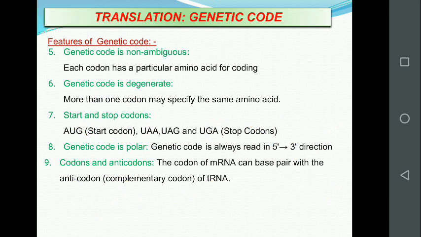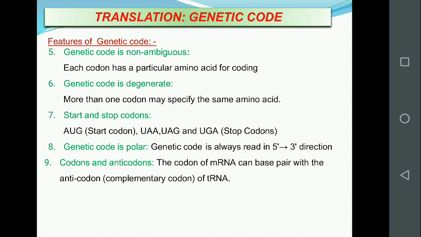Okay, and the last feature is codon and anticodon. The codon of mRNA can base pair with the anticodon of tRNA. So there is a specific translator molecule, which is also known as an adapter molecule, which is involved in the decoding of genetic code.